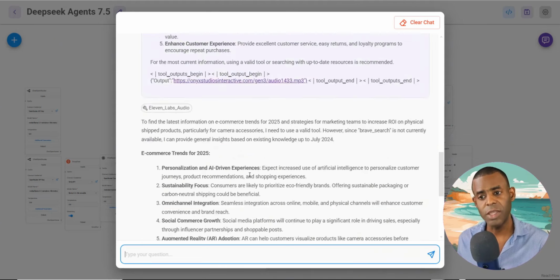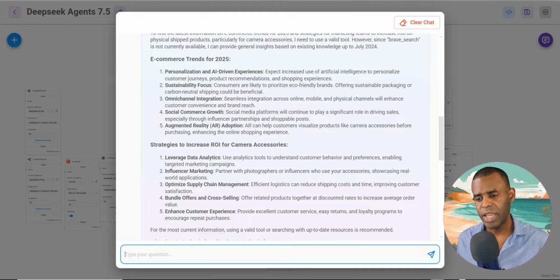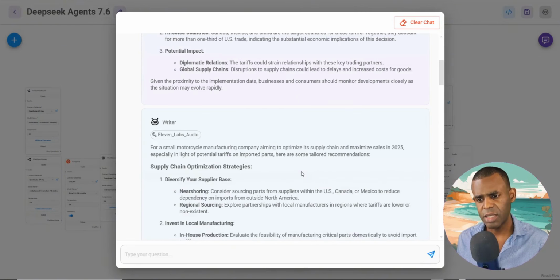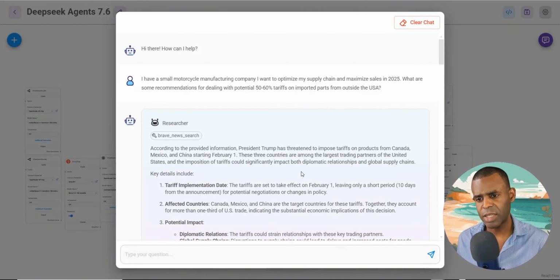Let's see here. This one was pretty good because I wanted to actually test its ability to understand recent events and then use those events to give us recommendations or reason what would have to happen if a certain event is actually taking place.